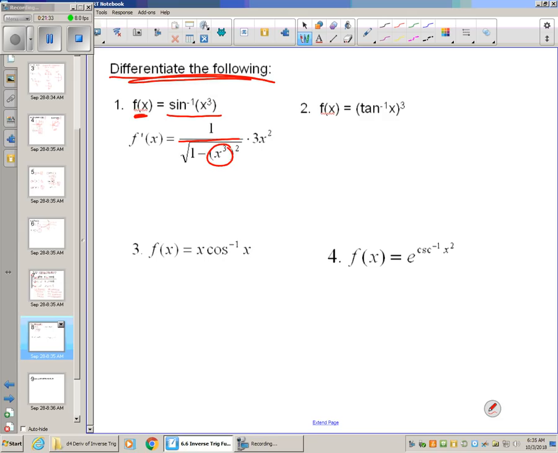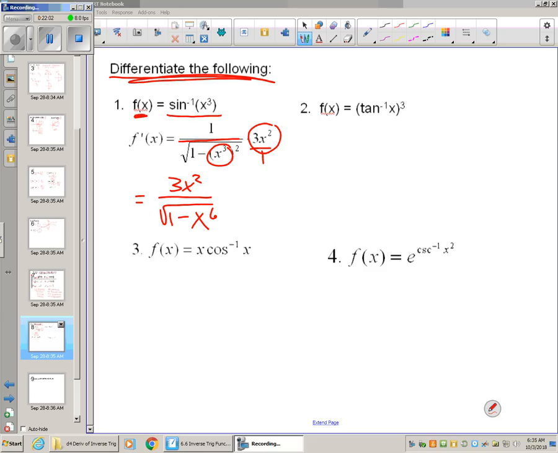In this case, x cubed goes there, squared, and then times whatever the derivative of u is, so just applying the chain rule. Our final answer, if you want to simplify that down, is 3x squared on top, because we are multiplying, and on the bottom, the square root of 1 minus x to the 6th.